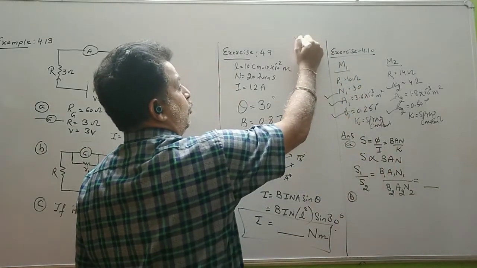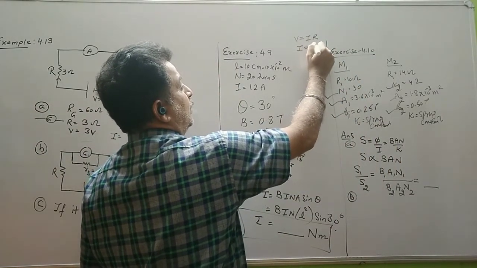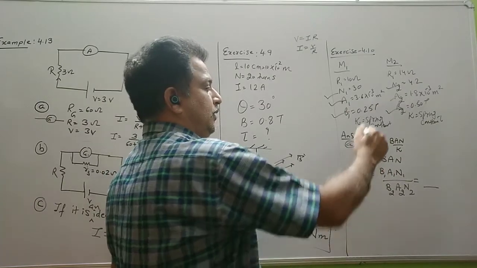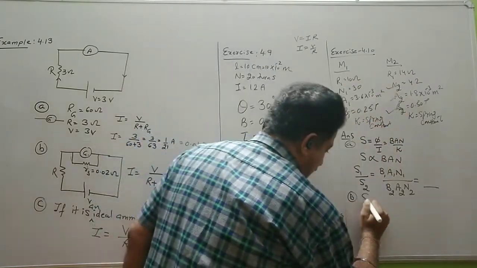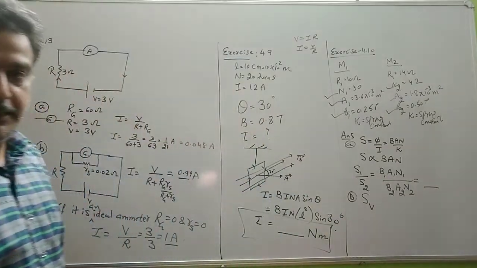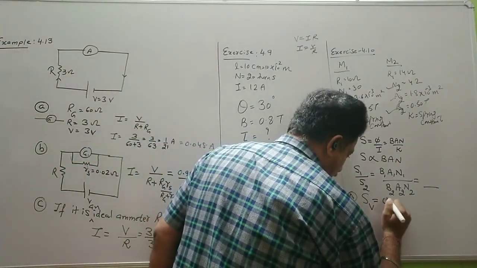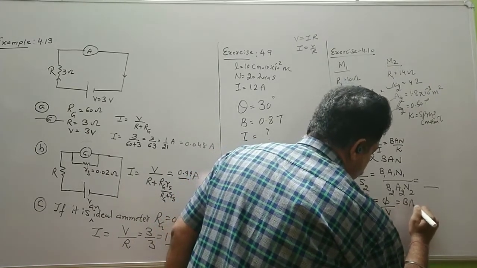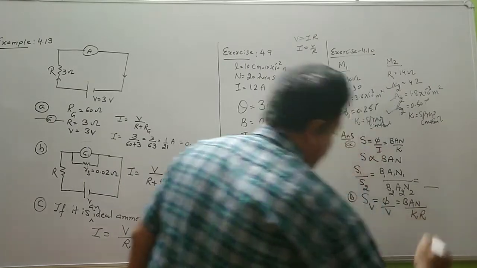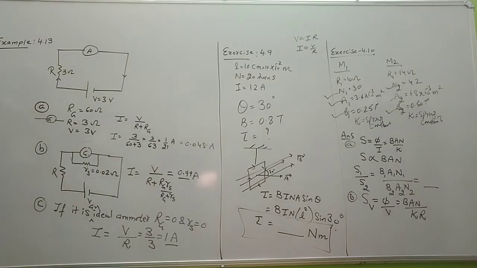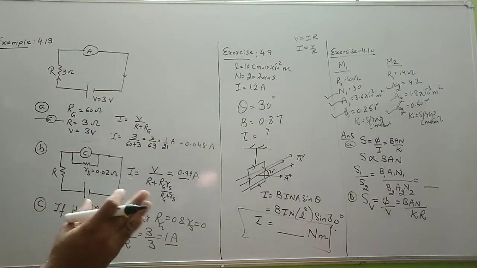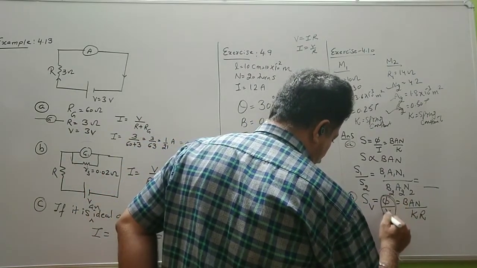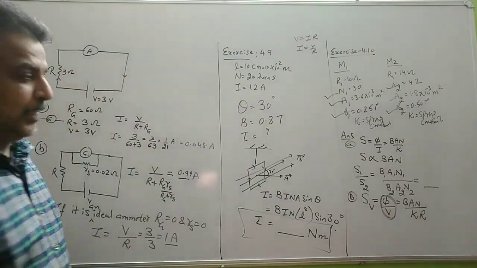So V is equal to IR, so I can be written as V upon R. In the place of I we write V upon R, and then R comes to the denominator. So the voltage sensitivity, let us name this SV, becomes phi upon V, which is equal to BAN upon KR.